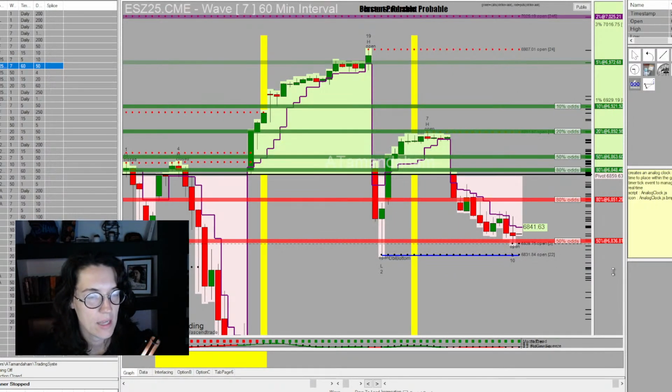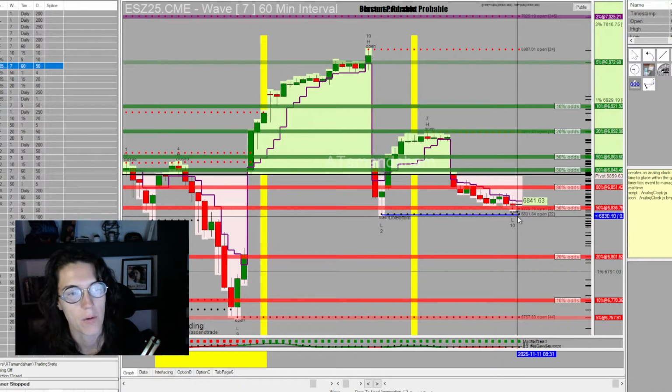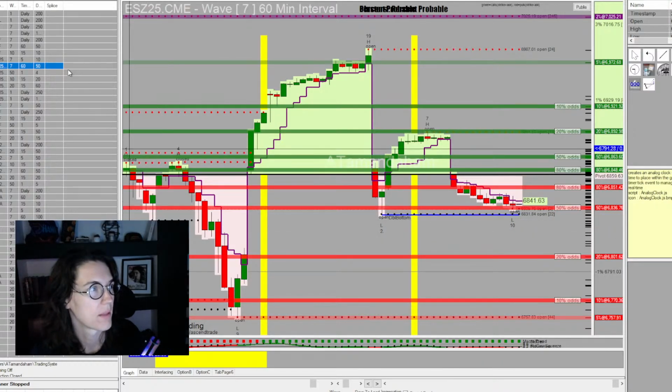But the 68.31.84 is something we could potentially look at. 67.57 is a little bit too far down. The one thing is we're not that far down on the 7 wave 60, so I'm definitely going to see if we have other levels on some of our lower time frames before we just mark out 68.32 essentially, because we're not that far away from that level actually. Okay, let's look at our 20 wave.